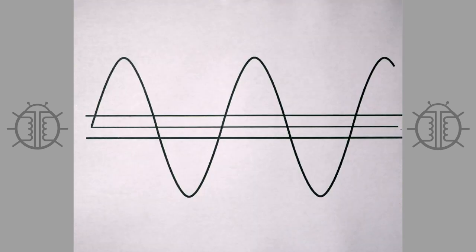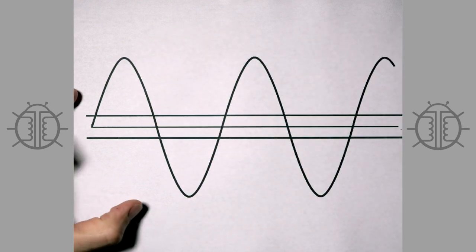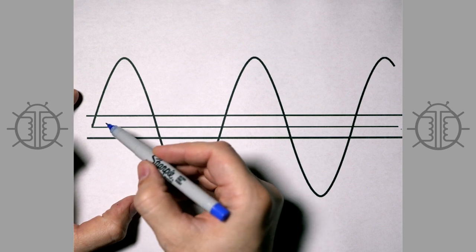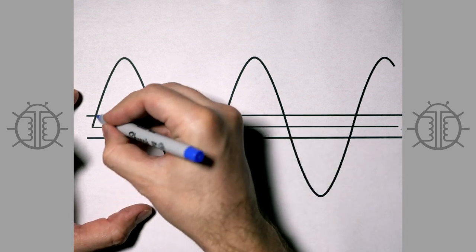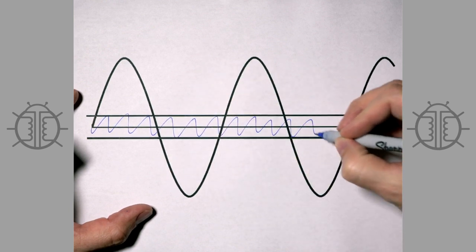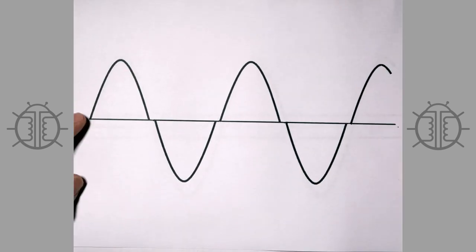So quickly, this is the input wave right here. If the output tubes are off, the middle of the signal right here in the middle does not get amplified, so it just removes it. And what happens when you remove it, you end up with something that looks like this.